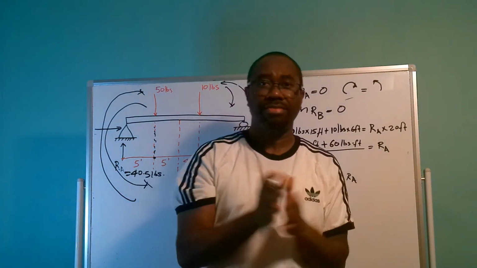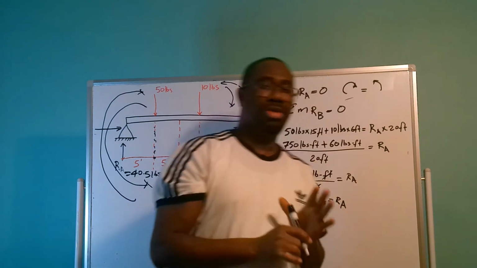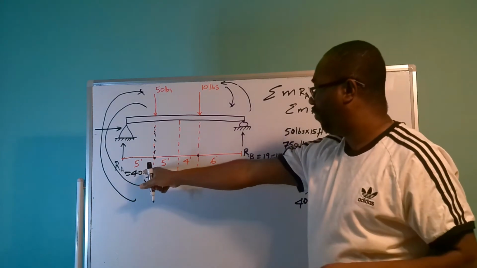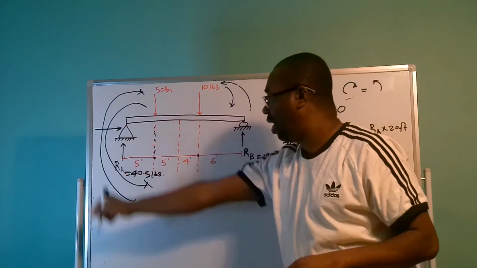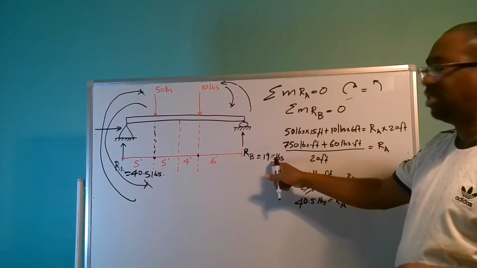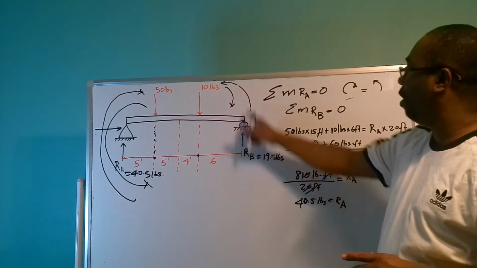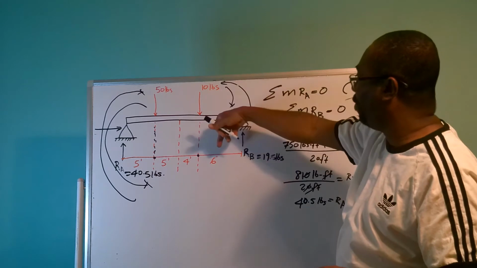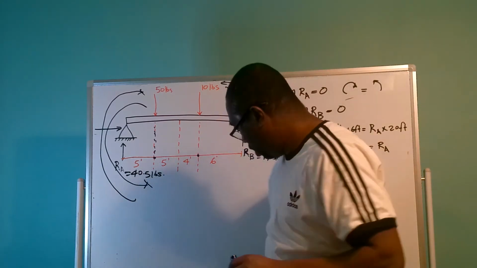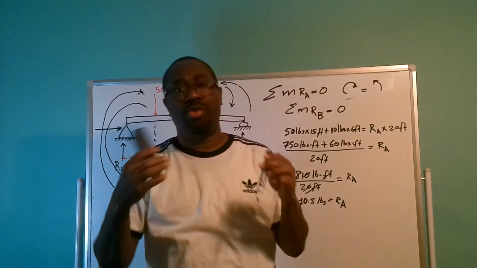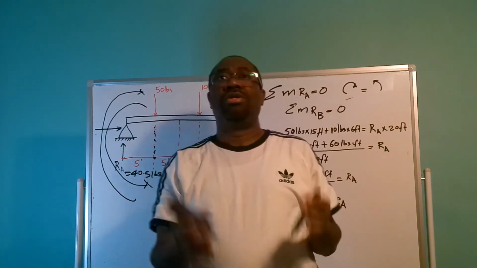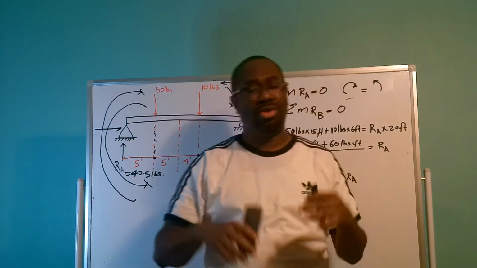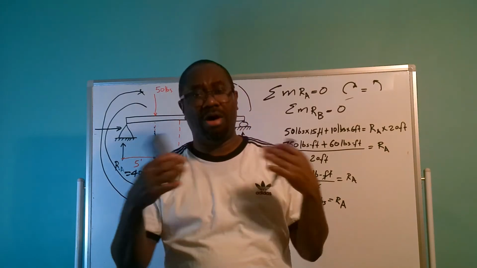See that? Now, since we have calculated the reaction at RA to be 40.5 pounds going up, and the reaction at RB, which is 19.5 pounds going up as well, we have 50 pounds coming down and 10 pounds coming down. I have stated, and I have to reinforce this, the third law of motion: to every action there's an equal and opposite reaction.